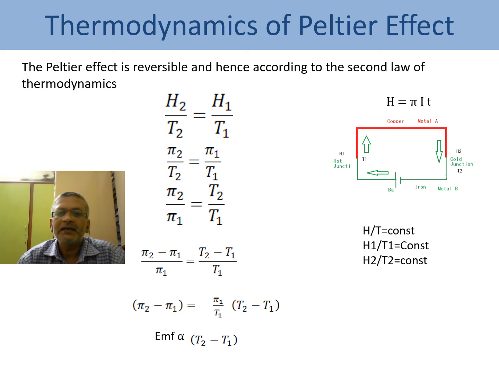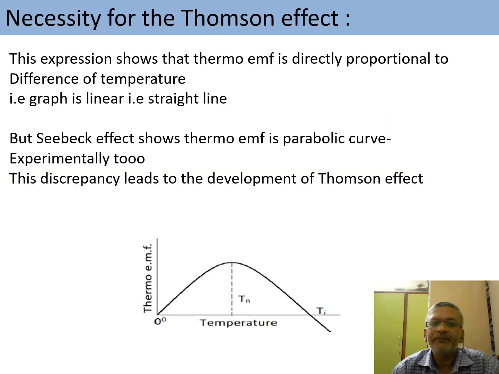This is the application of the second law of thermodynamics to the Peltier effect. Hence the EMF developed in the two dissimilar metals is directly proportional to the temperature difference.